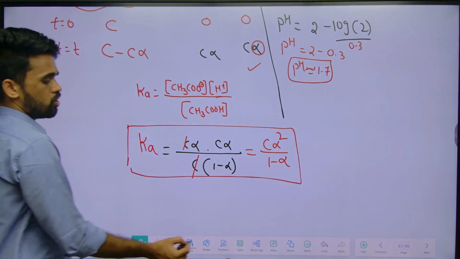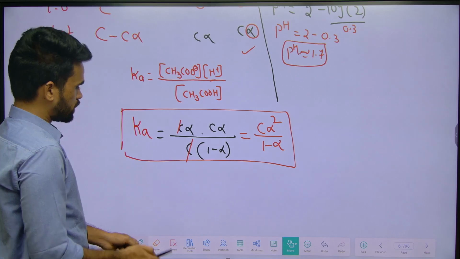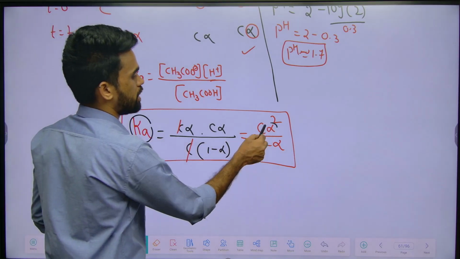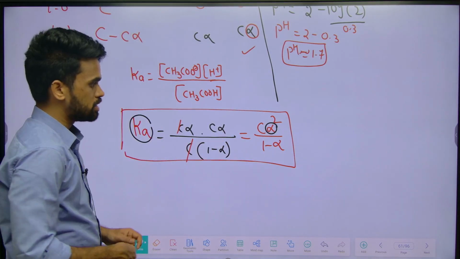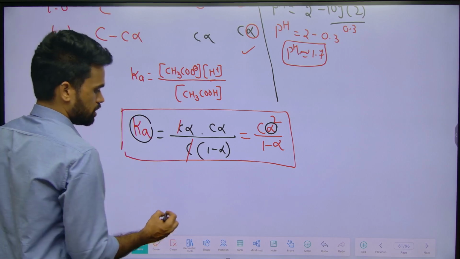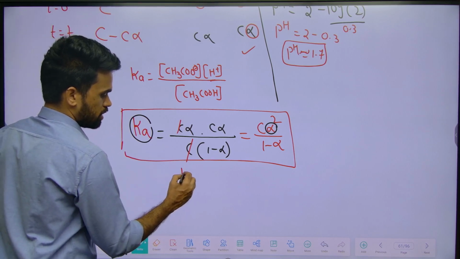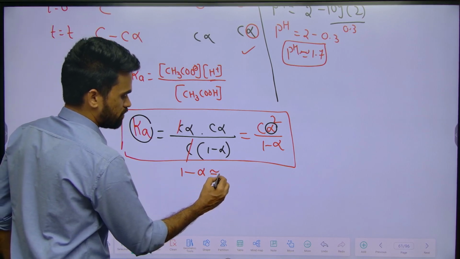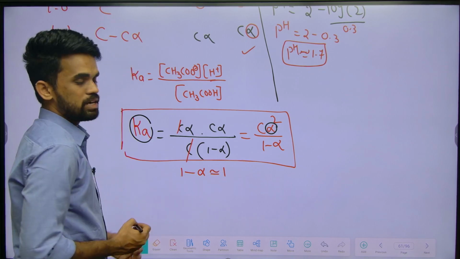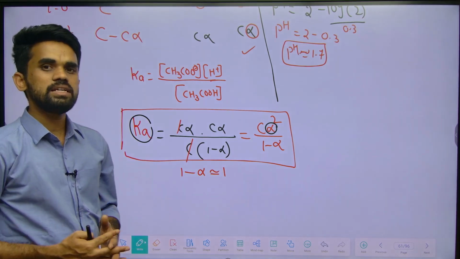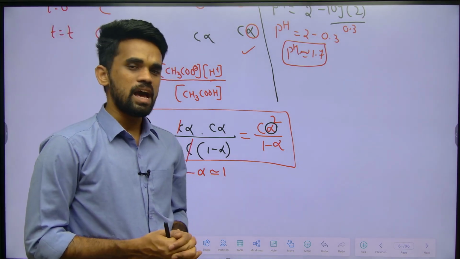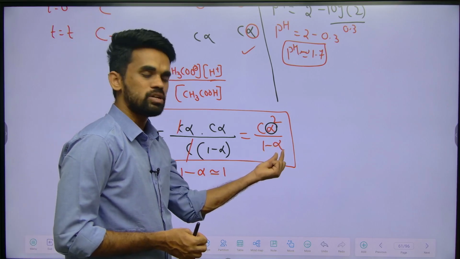Now in the question they will provide you the Ka value, but they will ask you to find alpha. How are we going to solve this? Easy, look at this. Consider 1 minus alpha to be very small, so it is equal to 1 only. Why am I saying this? Since the acid given is a very weak acid, weak acids have only a slight amount of dissociation.